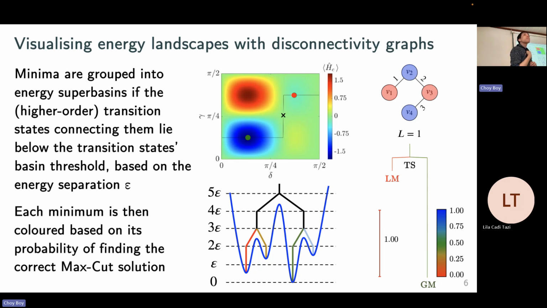You choose the value of epsilon. The value of epsilon will depend on how large the transition states are. For example, for QAOA, the local minima energy or cost gap is not that large, so it's somewhere in the order of 10 to the power minus 1 arbitrary units.